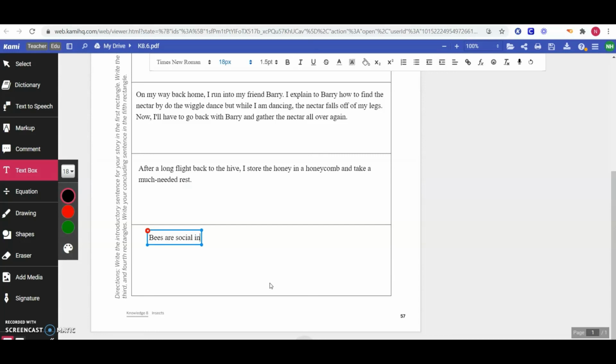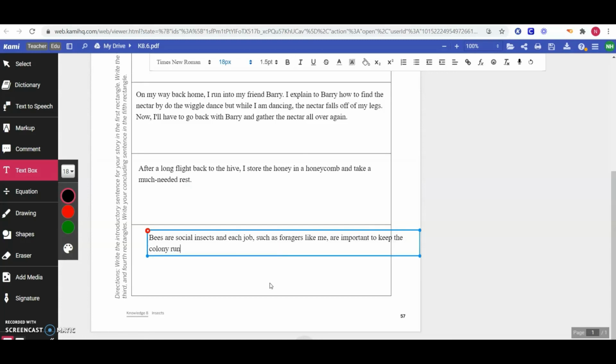Bees are social insects, and each job, such as foragers like me, are important to keep the colony running smoothly.